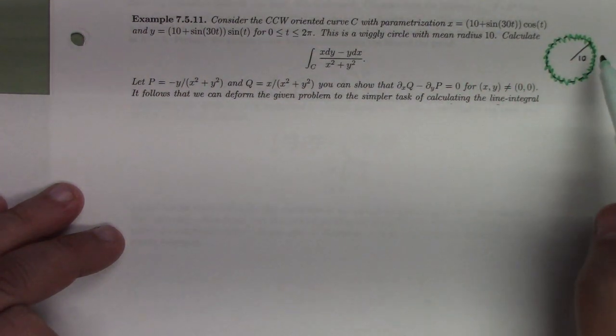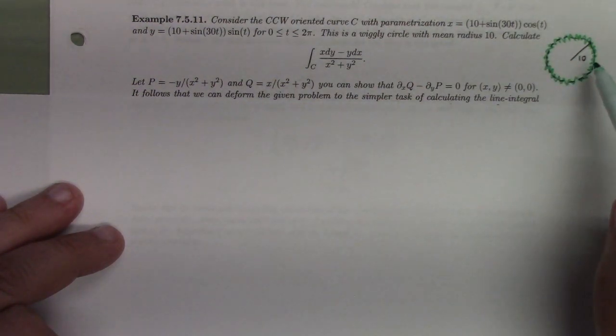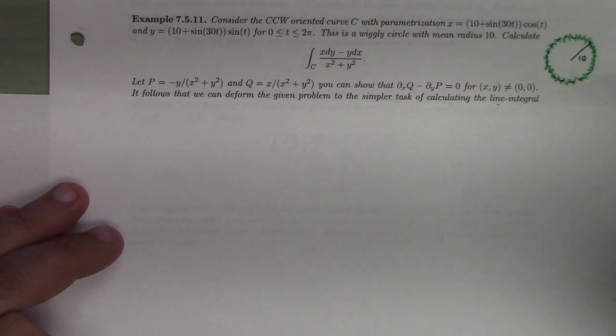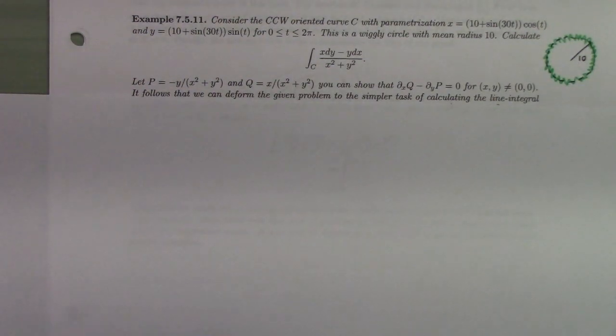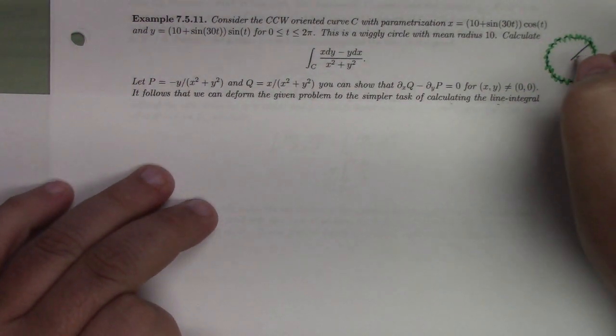And so that means I can deform the integral along this crazy wiggly green circle to the integral around something much simpler and easier to calculate, like, oh, I don't know, the unit circle.